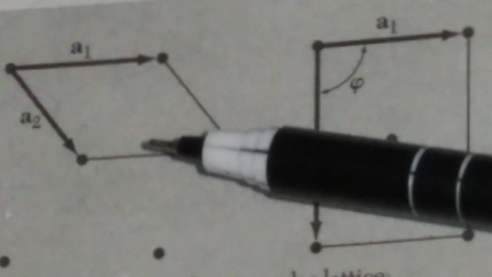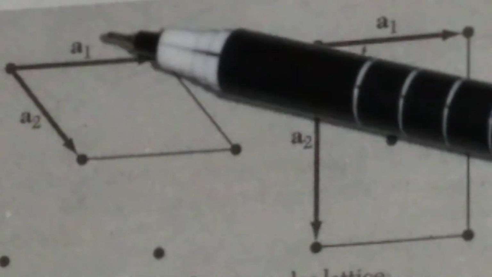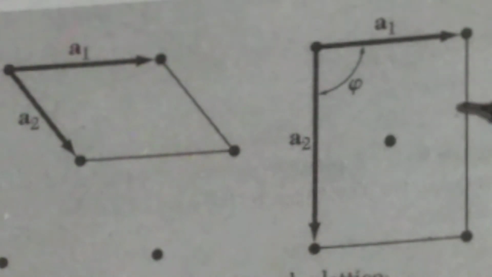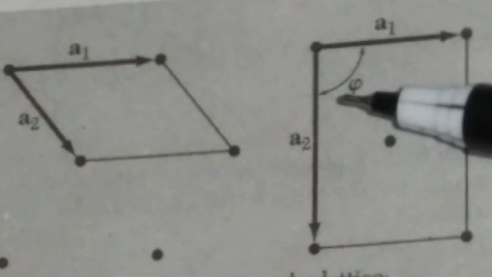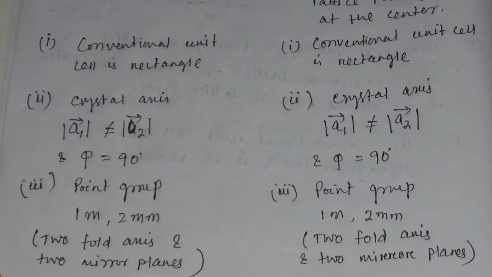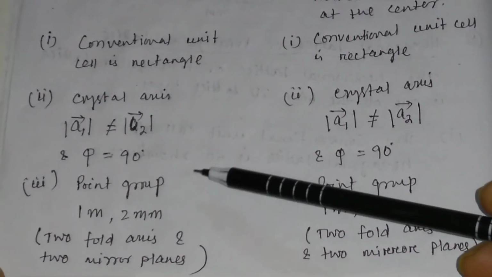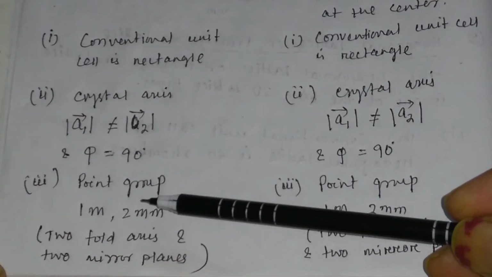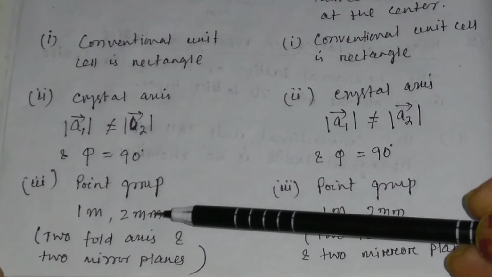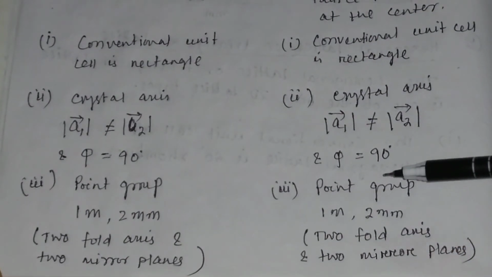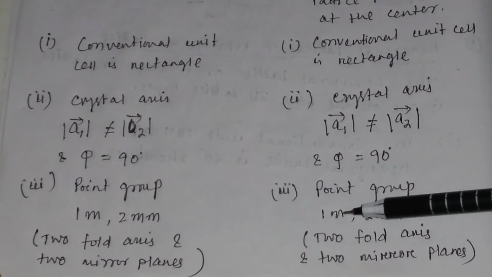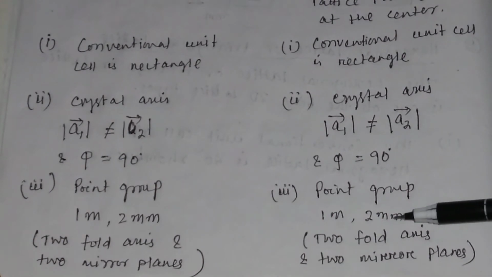In both cases, the angle between A1 and A2 is equal to 90 degrees. The primitive rectangular lattice has 2 point groups: 1m and 2mm. The centered rectangular lattice also has 2 point groups: 1m and 2mm.